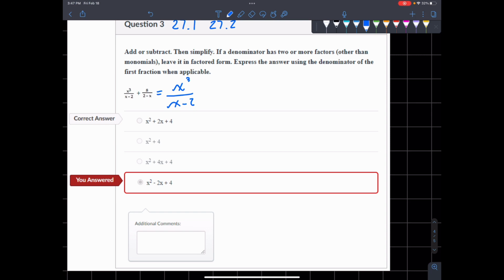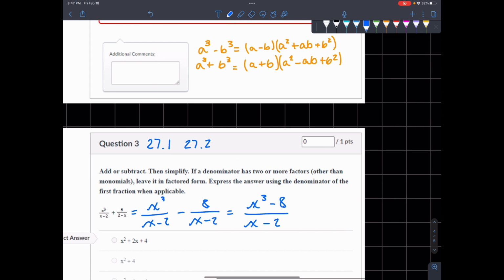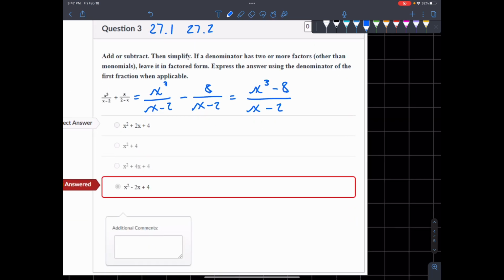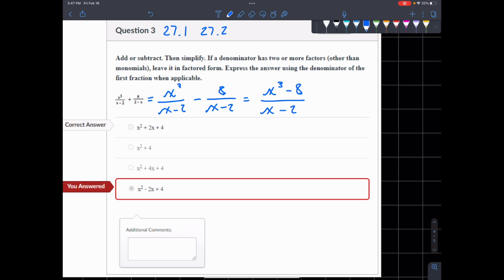But this then becomes minus 8 over x minus 2. So if we rewrite this under one denominator, we get this, over x minus 2. Perfect. And again, we can see that there's a factoring of cubes here in the numerator. So we can do that.